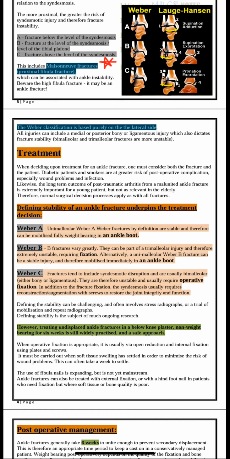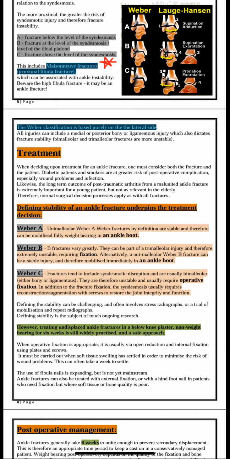Because you may have a Maisonneuve fracture. What is Maisonneuve fracture? It is a fracture of the proximal fibula, and may result in disability for the patient and instability of the superior tibiofibular ligament and also of the ankle.